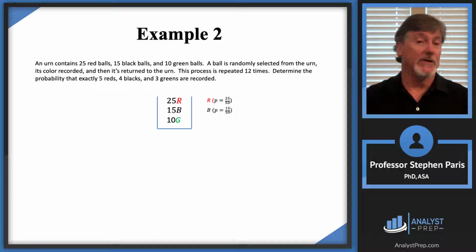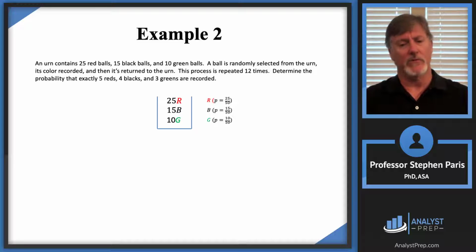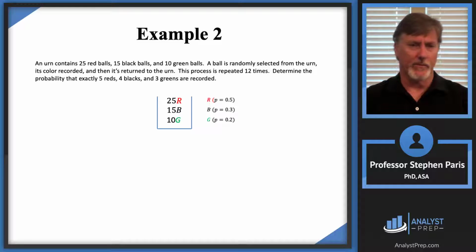Likewise, by a similar argument, the probability of selecting a black ball is 15 out of 50, and the probability of selecting a green ball, every time we reach in there, we're selecting a ball, but then we're putting it back. So each time we make a selection, the probability of a green ball being selected is 10 out of 50. So I'm going to replace these with the decimal values. 0.5 for the probability of a red ball, and 0.3 probability of picking a black ball, and 0.2 for the probability of selecting a green ball.